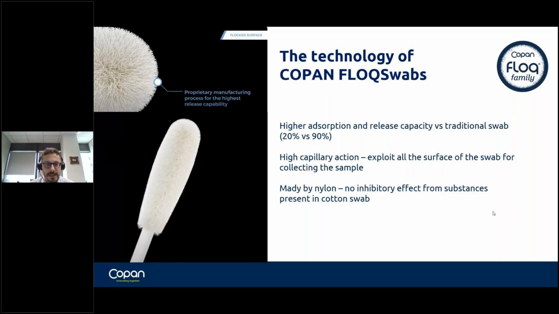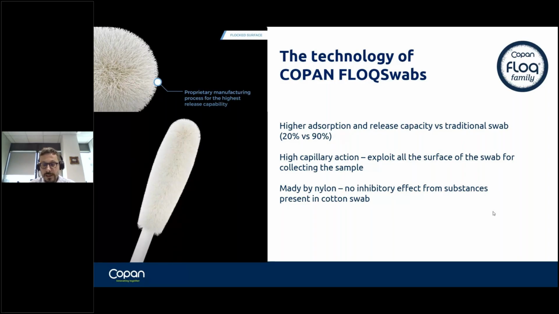And that's why it makes this device a real quantitative device that collects a certain amount and releases most of it. Depending on the situation, we are talking in the range of 90% of what is collected actually being released into the medium or wherever the swab is then used for the analysis. And that's a very important point.